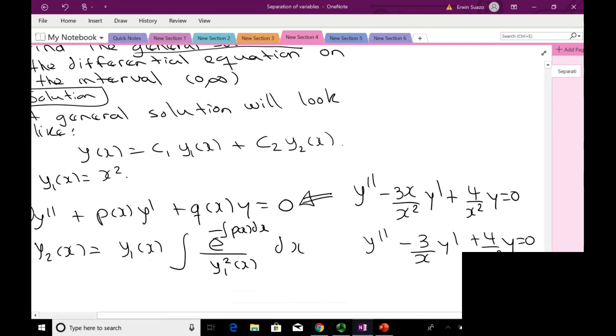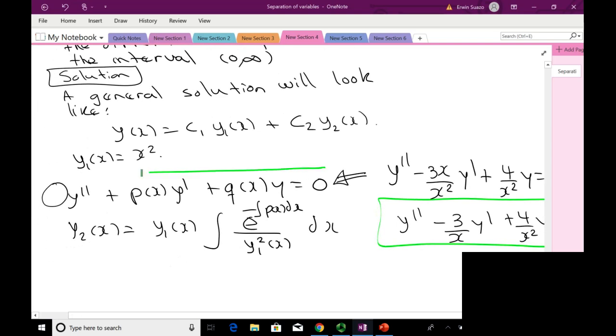So now this looks more like what we wanted.